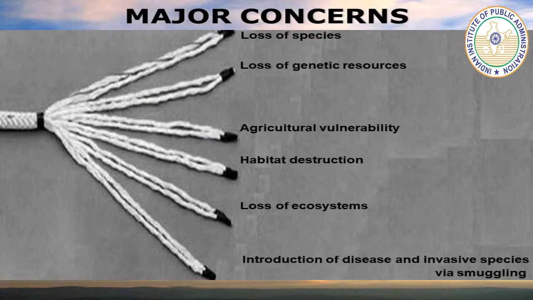Without biodiversity, there is no future for humanity. Major causes of biodiversity loss are habitat loss, fragmentation, overexploitation for commercialization, invasive species, pollution, global climate change, population growth and overconsumption, besides illegal wildlife trade and species extinction.